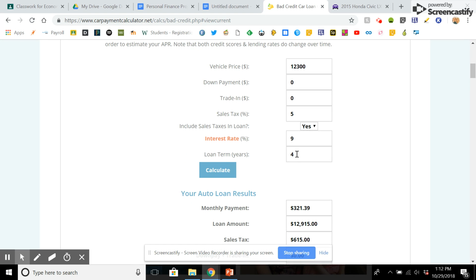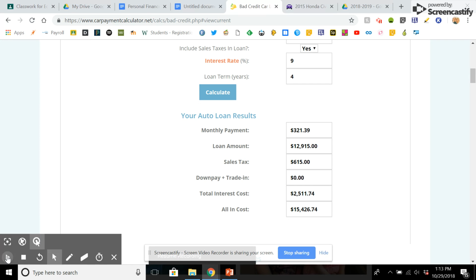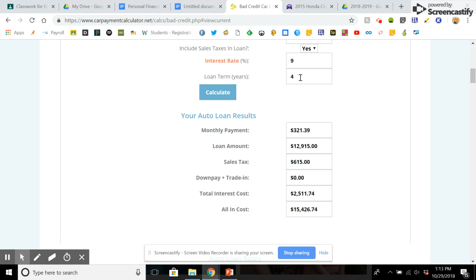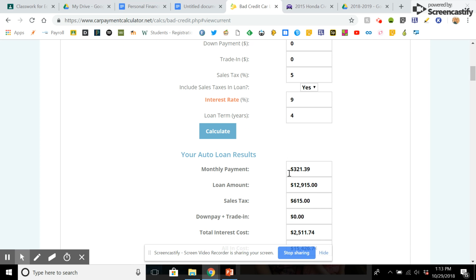Okay, and then this is key. Loan term 4 years. Now look what this does to the price. If you put the loan term at 4 years, then your monthly amount is going to be this amount. Now, let's say that I don't have a lot of money and $321 is a big monthly payment for me.